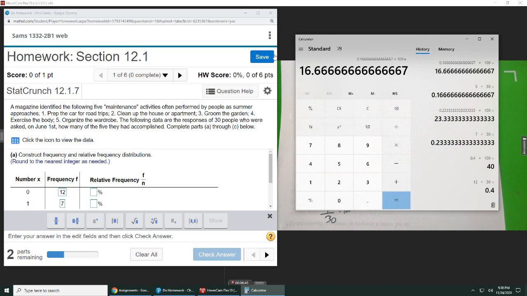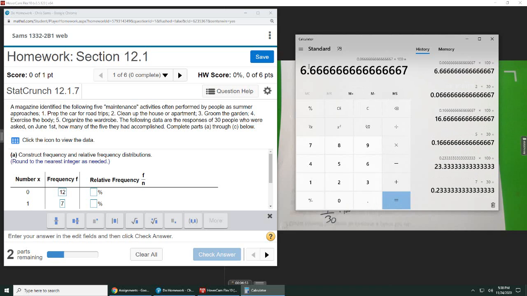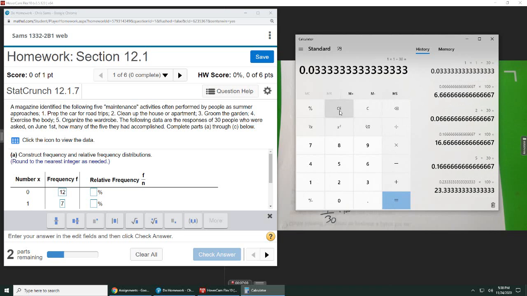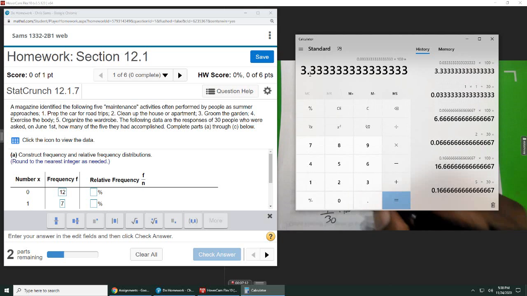I want to say that's around 7%, but let's see. 2 divided by 30 times 100, so about 7%. And then 1 over 30. 1 divided by 30 times 100, about 3%.